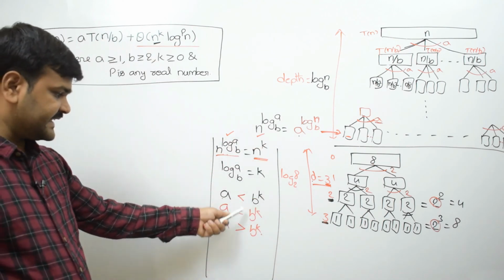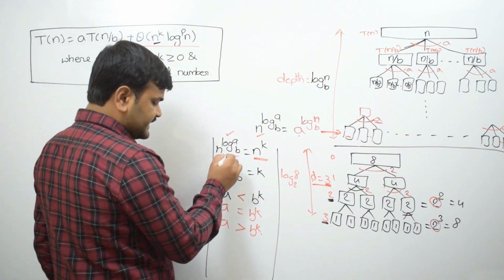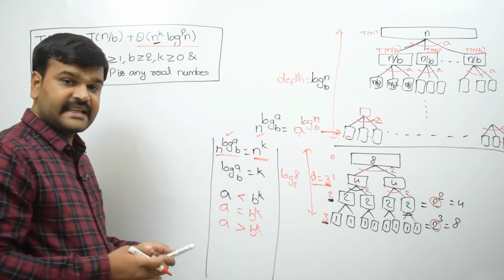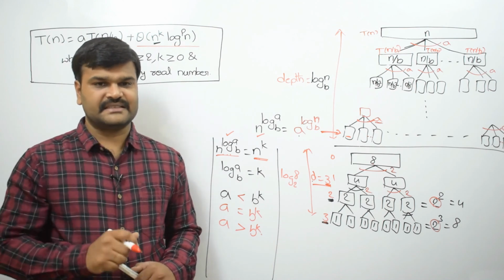That is what this is saying directly. So that is why here we are going for the comparison. Those are the 3 main cases to decide the time complexity of a given recursive equation.